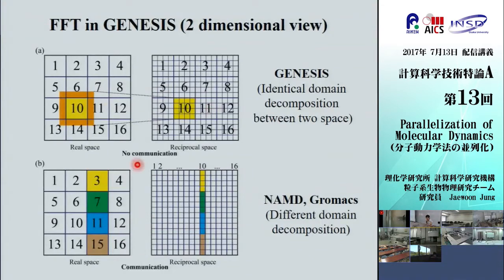But if you use slab decomposition or pencil decomposition, then the domain structures are different from each other. So even before starting FFT, we need another kind of communication. And in fact, in NAMD or GROMACS, this communication is more time-consuming than FFT itself.